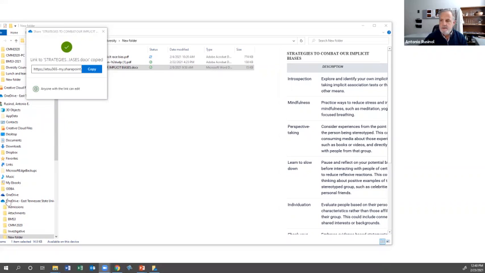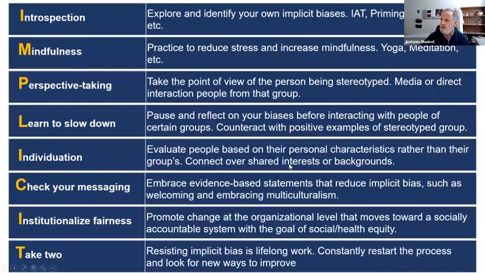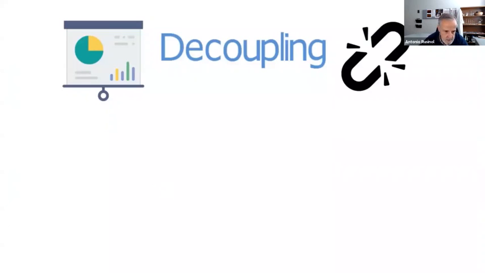That is similar to this slide, but it also has resources with links, with resources for introspection. You will have a third column that has resources that you can use. Those could be papers, could be websites, etc.